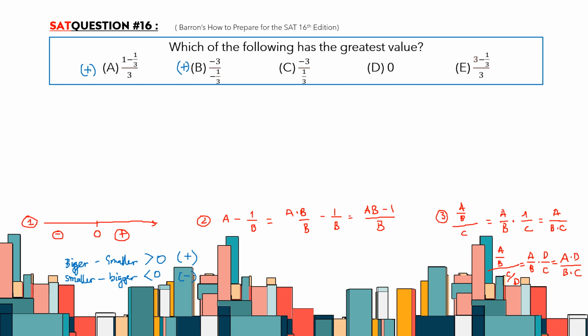Negative divided by positive produces negative. D is 0. And then we have 3 minus 1/3. 3 is greater than 1/3, so that produces positive. So we can eliminate C and D, because D is 0, C is less than 0, and we need the greatest value, so we want the biggest positive number.